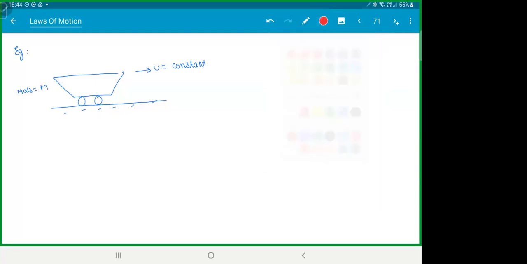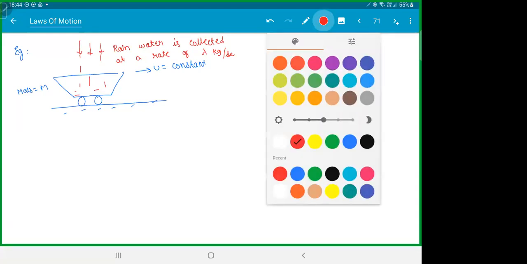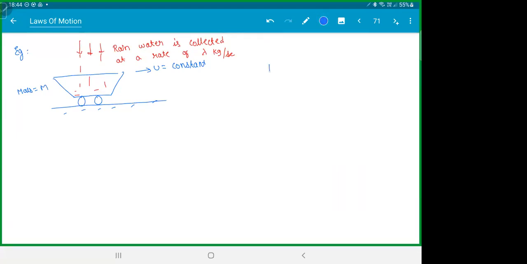And let's say it started raining, and rainwater is collected at a rate of lambda kgs per second, meaning every second lambda kgs of rainwater is falling into the truck. So they'll ask a question like this: find the force required to maintain the speed.